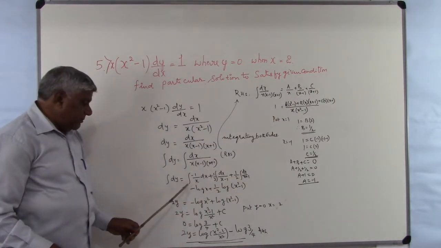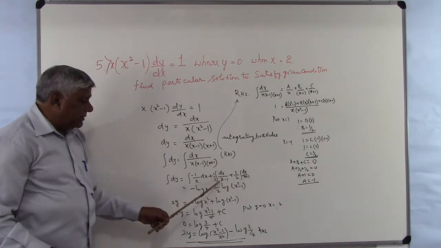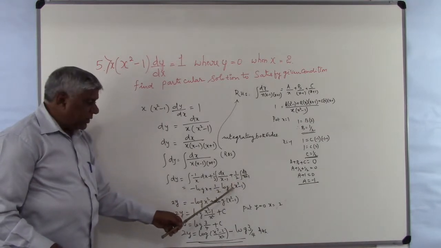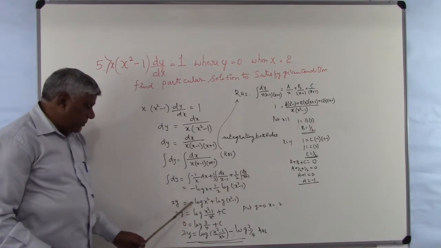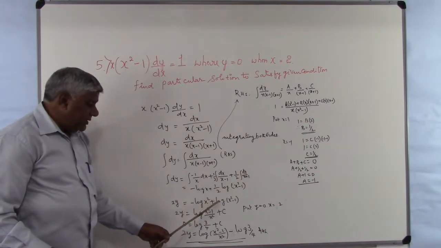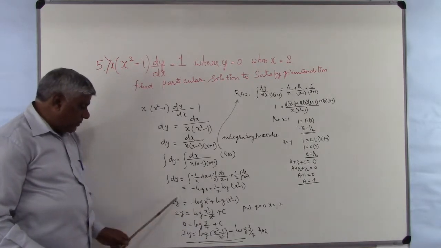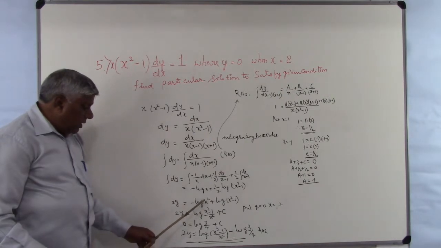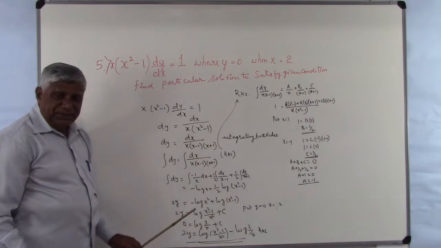So this is −log x + 1/2 log(x² − 1), because log(x − 1) plus log(x + 1) is log(x² − 1). So y = −log x + 1/2 log(x² − 1), or 2y = log((x² − 1)/x²) + c.